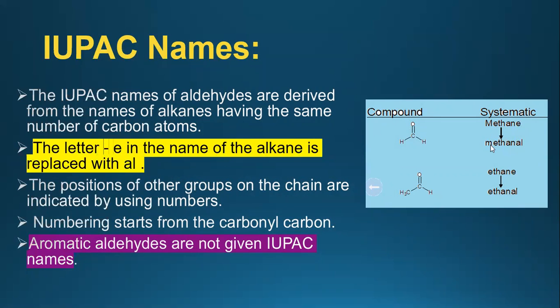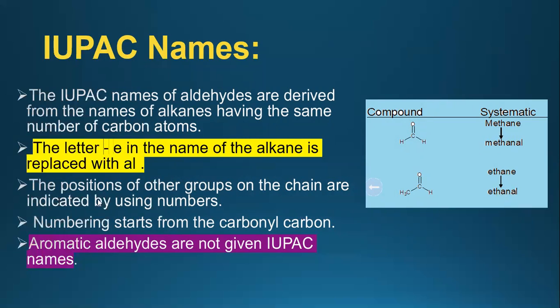So the name of this compound is methanal. In the same way, if this compound has two carbons, then the alkane name is ethane. But for the aldehyde, the E is replaced by Al, and the other portion of the name remains the same. So the name of this compound is ethanal.